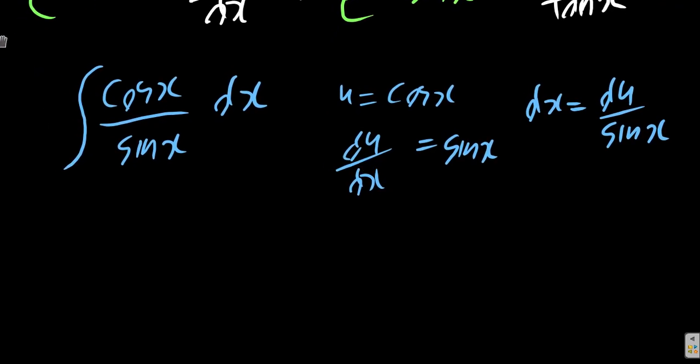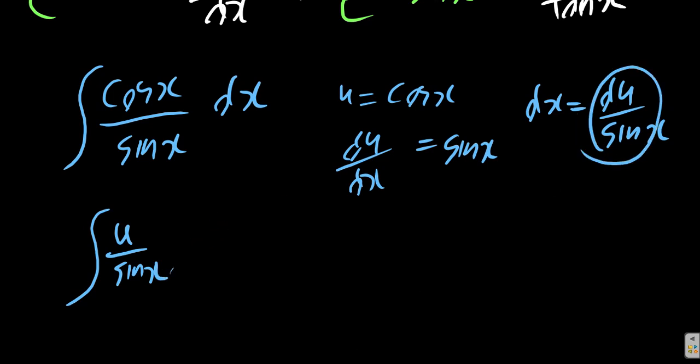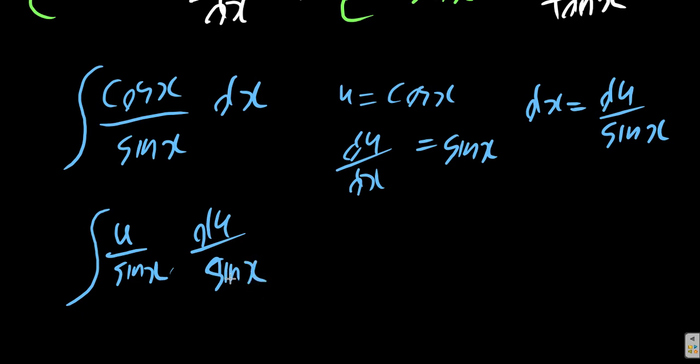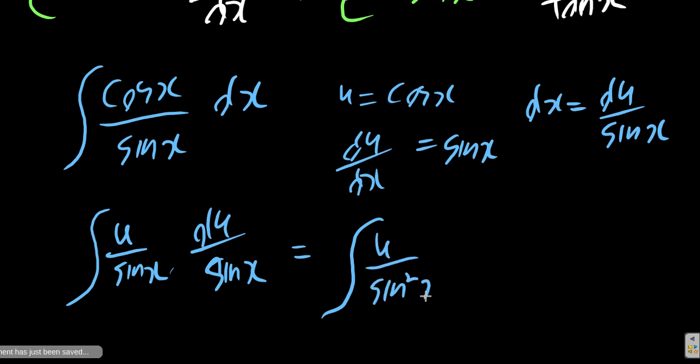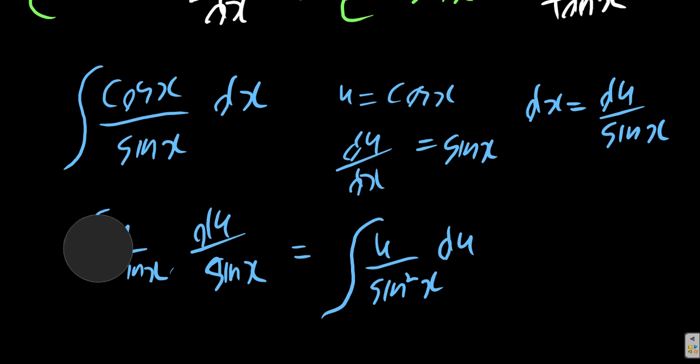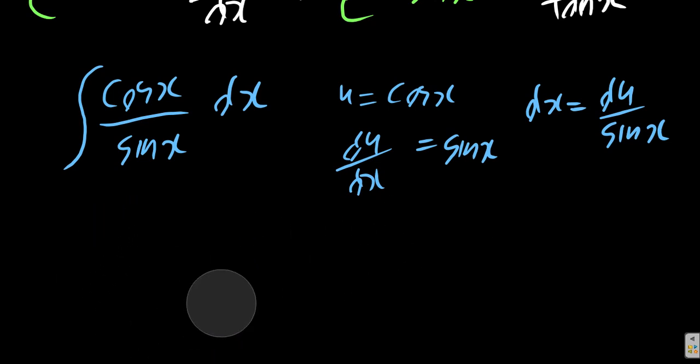You'd have the integral of u over sine x times du over sine x. You still have yourself in a problem, because you'd have the integral of u divided by sine squared x du. You'd have to go back and use sine x as our u.